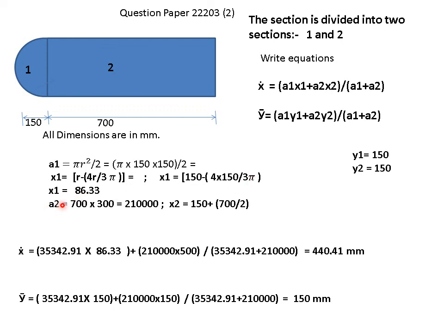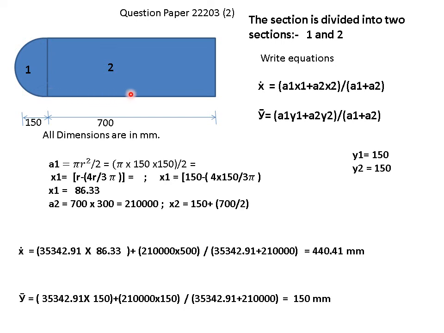Then A2, the area of the second rectangle. It is a rectangle, it is quite simple. 700 multiplied by this, that is 300 mm. So 700 by 300 is your A2. X2: I want it from this point to the center of this second rectangle. If I consider only the second rectangle, it starts from this point.